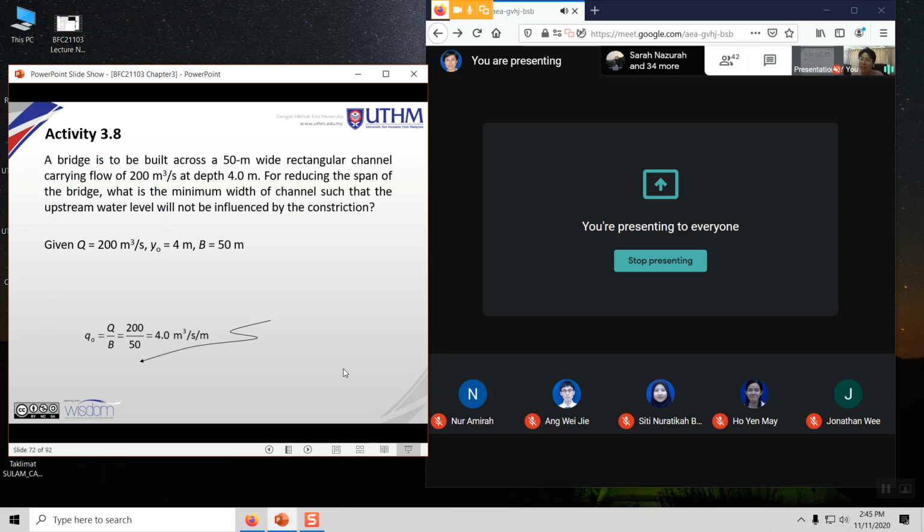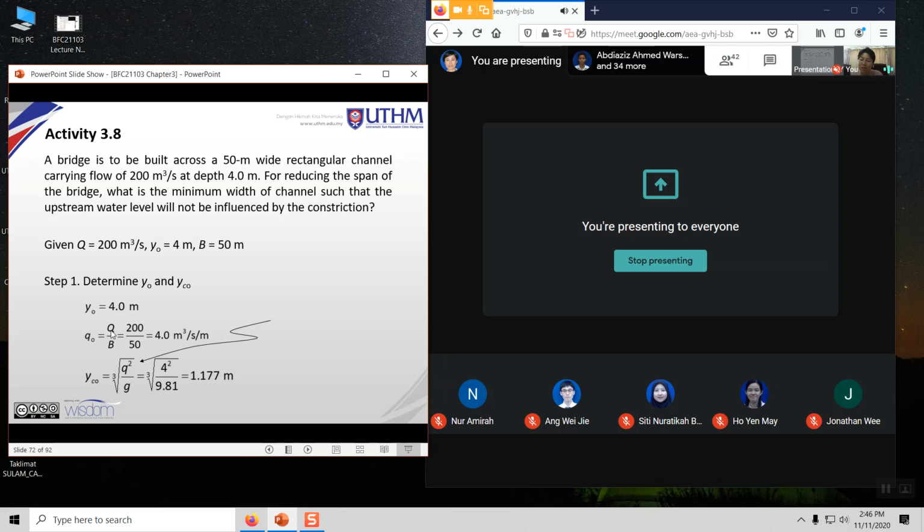Since Y naught is given, if Y naught is not given, you need to find your Y naught. Y naught is given as 4 meter. For case 1, you probably don't need your YC naught yet, but with YC naught you can determine whether the flow is subcritical or supercritical. So you want to find Q naught, and then your YC naught.